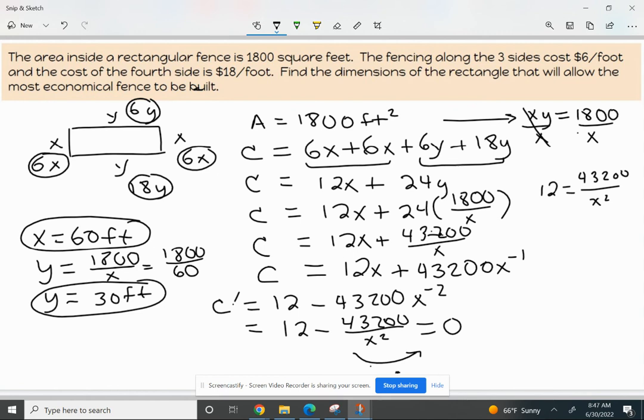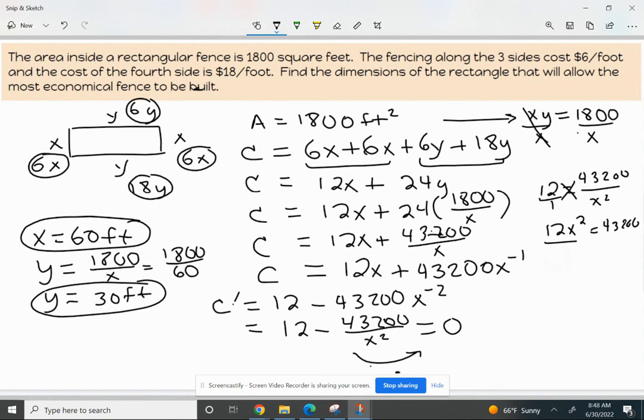So to solve this, there are different ways to do this, but I used to tell my kids, if I have an x in the denominator, which is kind of funky, I would make one side into a fraction, so they're both fractions. So I have 12 over 1 equals 43,200 over x squared. Then I would just cross multiply. 12 times x squared, which is 12x squared, equals 43,200 times 1. So that's 43,200.